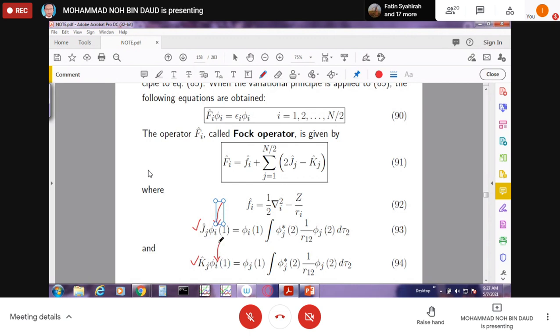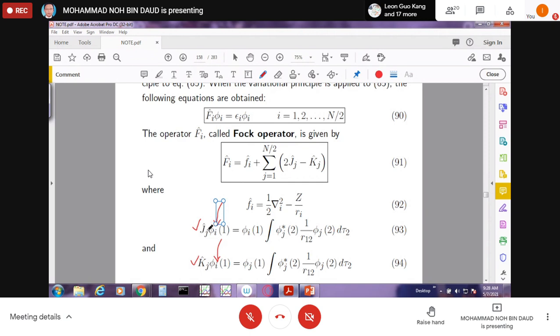You can refer to the website, there is a link showing hundreds of designed basis functions, Gaussian type orbitals or Gaussian type basis functions.